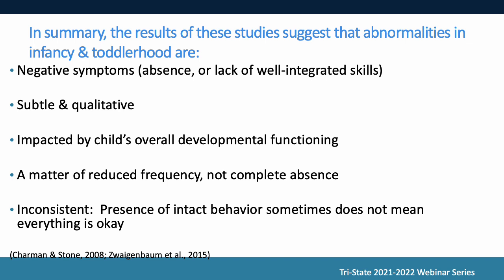If that child is not initiating joint attention, isn't responding to joint attention, isn't attempting to communicate when given a communicative temptation, those are social and communication behaviors that you should see kick in before the age of 18 months.